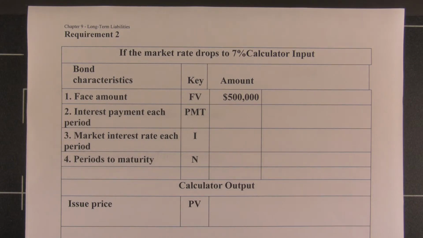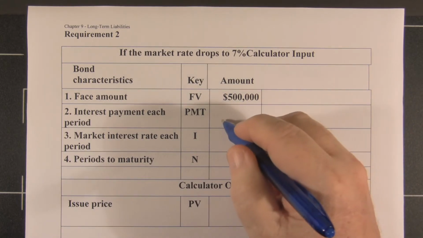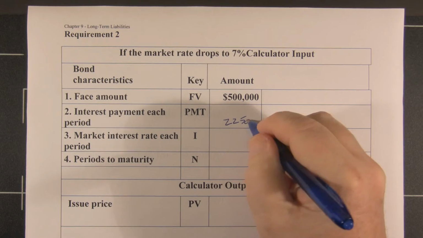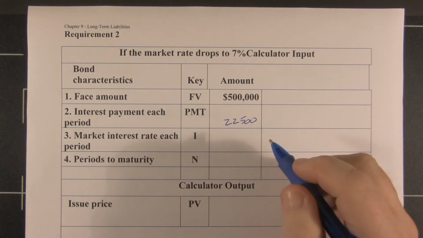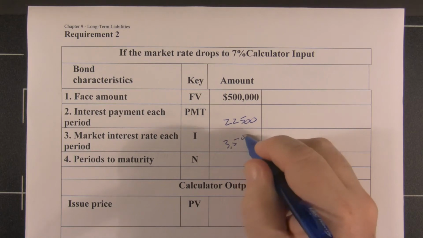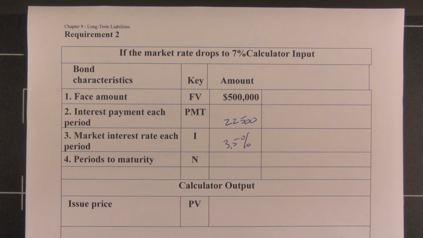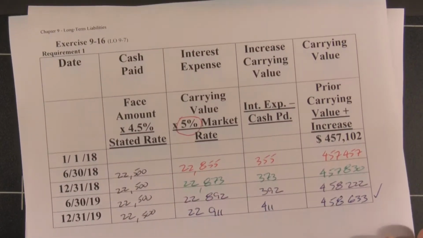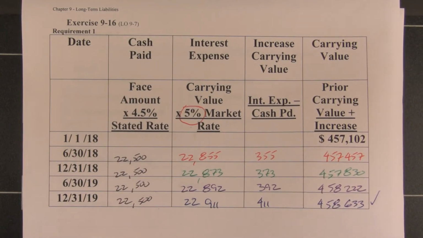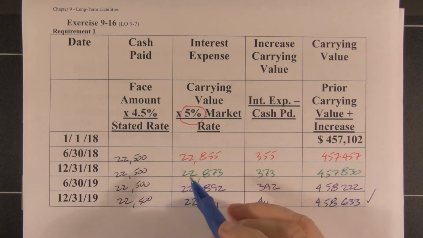And we're told that the face amount of the bond is $500,000. Each interest payment is $22,500. The market rate of interest is now 3.5%. Now here's the interesting thing. The number of periods is no longer 40 because we've already paid 2 years worth of interest, or we've made 4 interest payments.